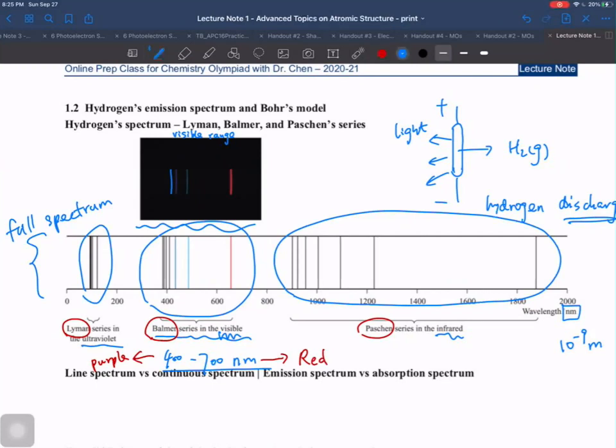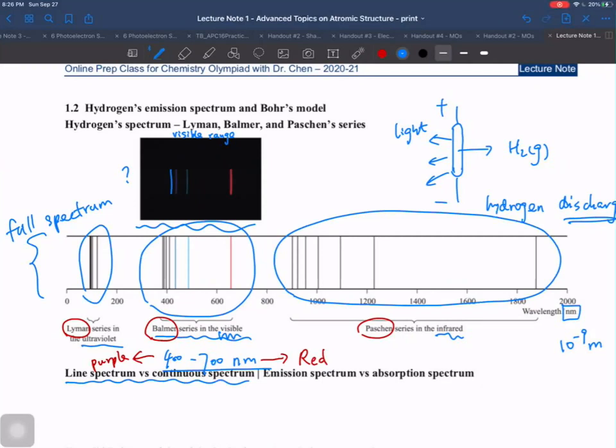Okay, so before we talk about how Bohr really explained the hydrogen's emission spectrum, we want to differentiate a few concepts. The first one is line spectrum versus continuous spectrum. Based on the name, can you tell me which category the hydrogen's emission spectrum is? Is it a line spectrum or a continuous spectrum? A line spectrum.